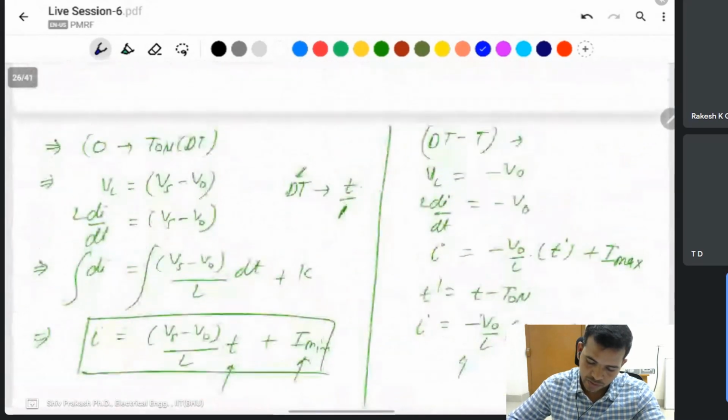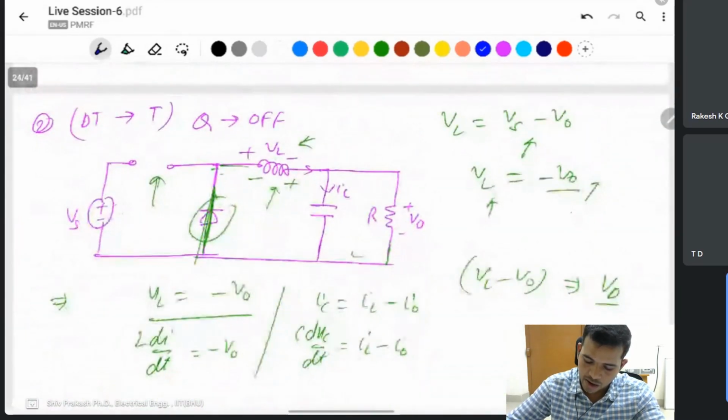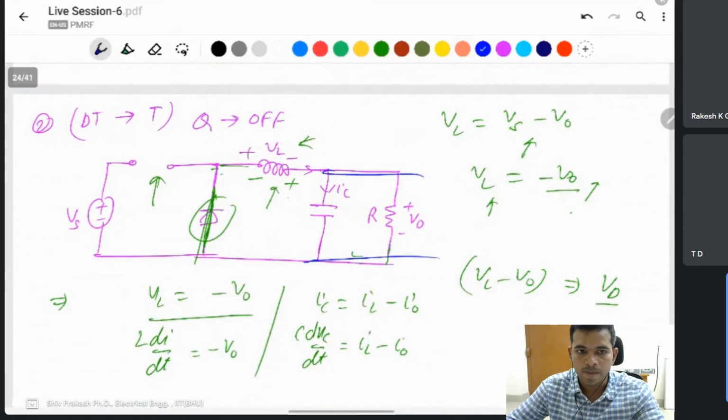In the circuit, you observe that Vc is the same as V naught. If there is a ripple in Vc, then V naught also has the same ripple. Then you should reduce the ripple as much as possible. It means the ripple should be as low as possible.